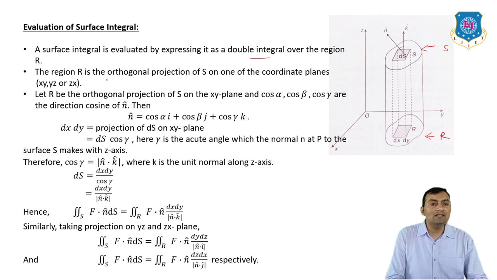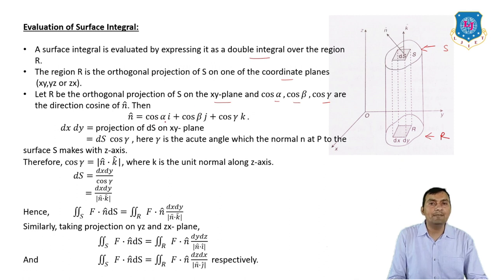Similarly, the region R is the orthogonal projection of S on one of the coordinate planes xy, yz or zx. Let R be the orthogonal projection of S on the xy plane, and cos alpha, cos beta and cos gamma are the direction cosines of n cap. That is the standard form.